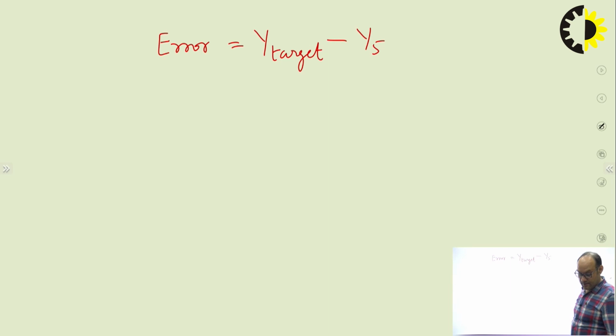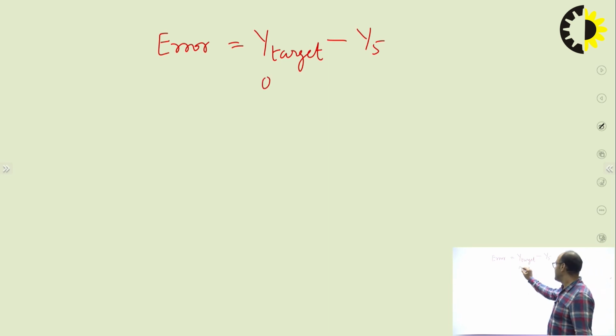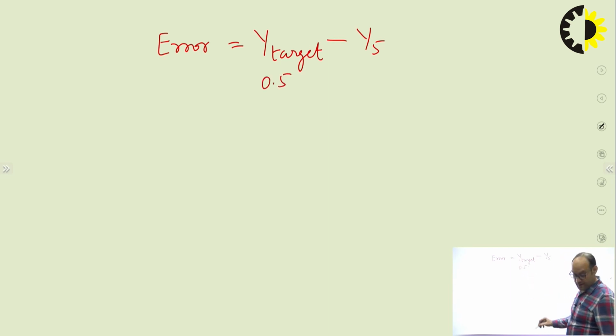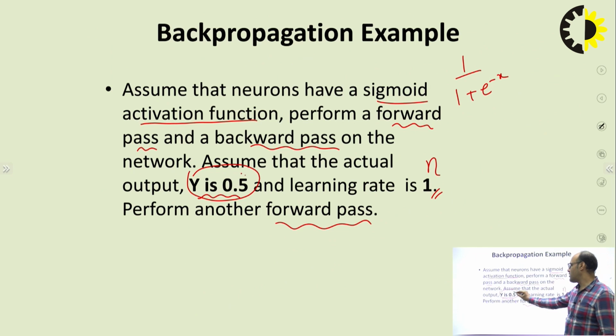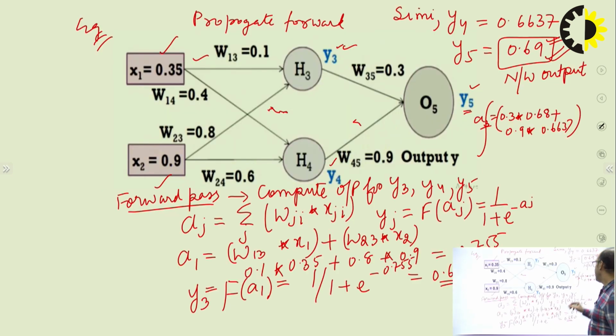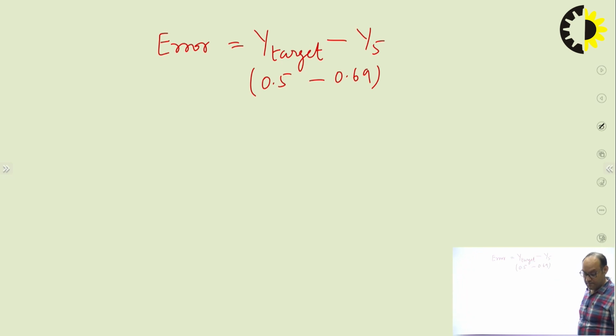So what is the y target here? 0.5 minus 0.69, ठीक है. 0.5 it is given here y target and we have calculated 0.69. So I just do the subtraction here. After subtraction I will get minus 0.19.